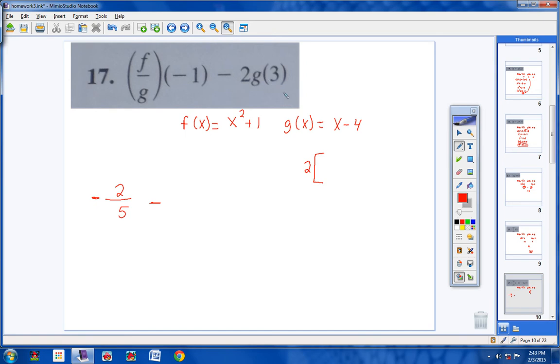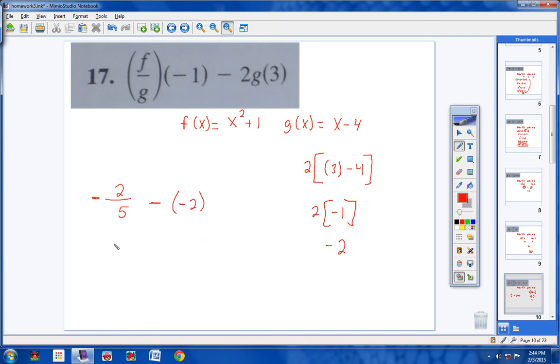Now what is g of 3? That means in the g function, everywhere there's an x, we're going to put a 3. So 2 times g of 3, well, that would be 2 times negative 1. 3 minus 4 is negative 1. 2 times negative 1 is negative 2. So we have minus a negative 2.